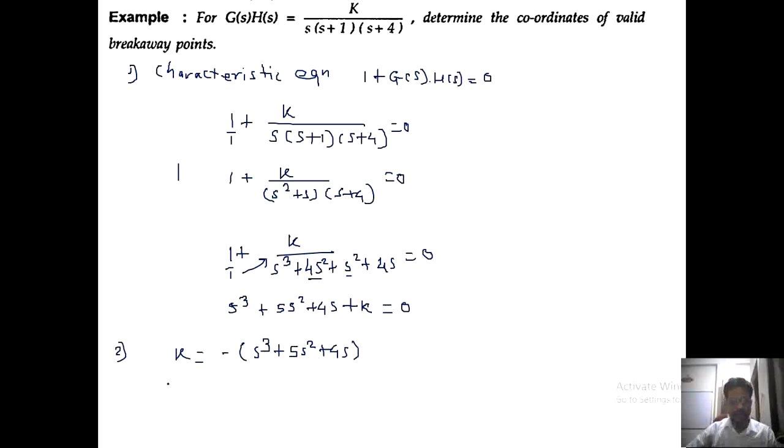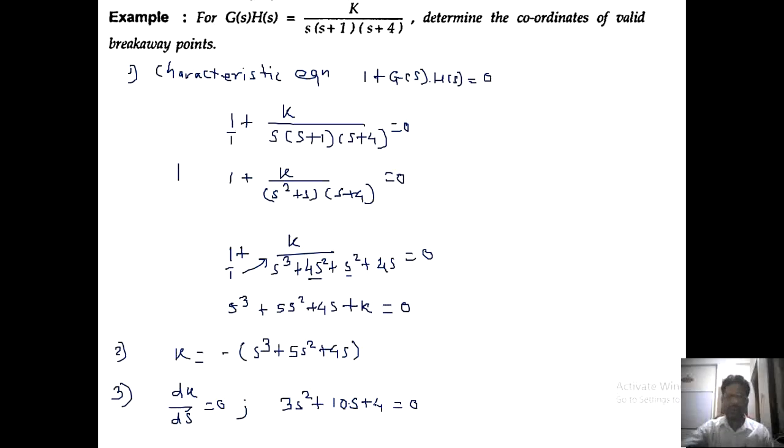Next is to differentiate this equation with respect to s and equate it with 0, so dk by ds equal to 0. The derivative of s cube is 3s square, plus the derivative of 5s square is 2 into 5, that is 10 into s, plus 4, equal to 0.